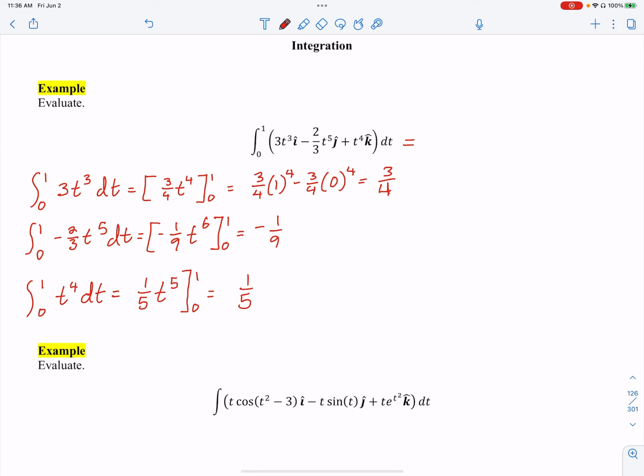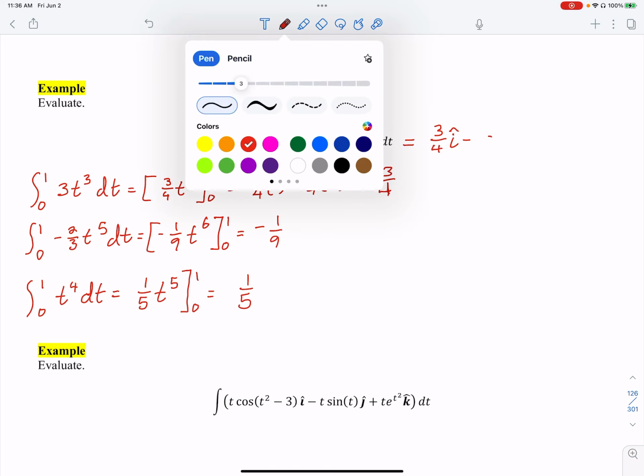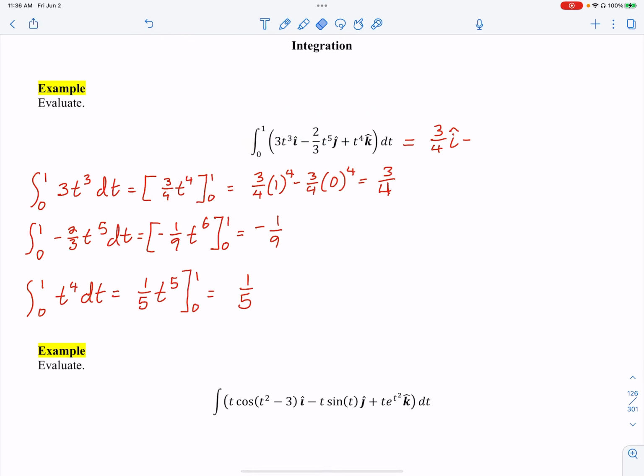So this integral is equal to 3/4 i minus 1/9 j plus 1/5 k. So I would recommend breaking them apart like that each time, so you can work on your integration techniques. If you can't do this, we need to talk. We have quite a bit of integration to catch up on.